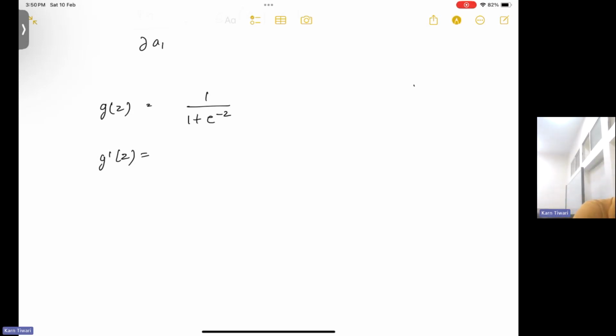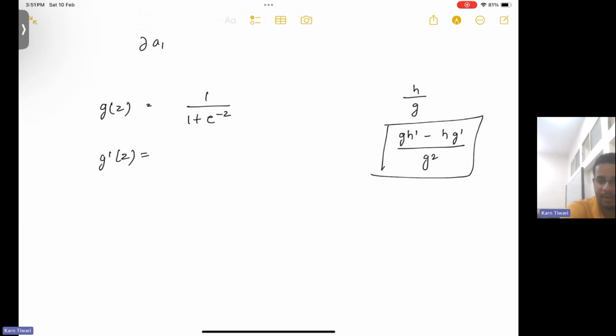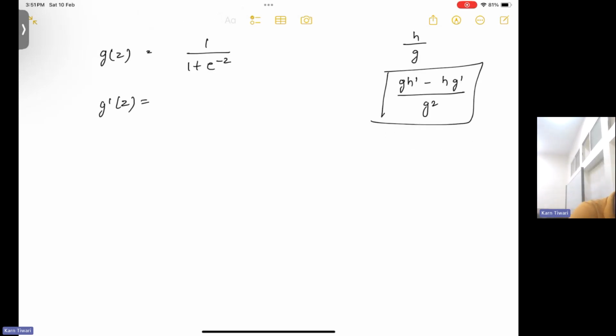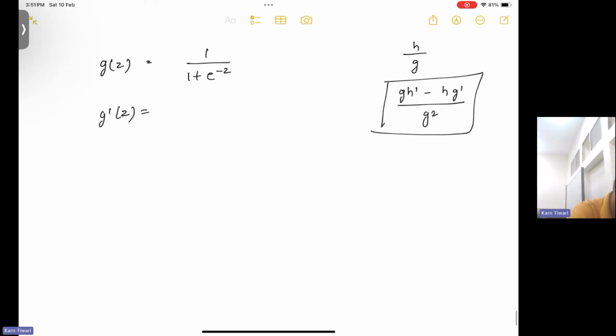If we have a form h by g, then the derivative is g h dash minus h g dash, divided by g square. I guess you might have seen this in class 12th NCERT. The same thing we are going to apply here. Our h is 1, and its derivative with respect to z is 0, so the minus 1 term will be coming.